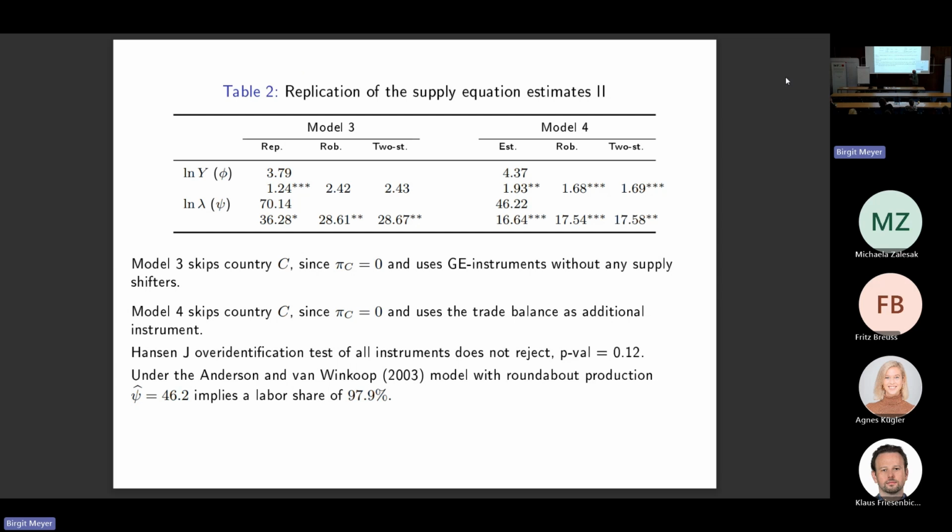So the Hansen test of over-identification doesn't reject, and we get a labor share which is a little bit smaller. Overall, it's not really plausible, but I would say that this one is preferable. I would go for that one.